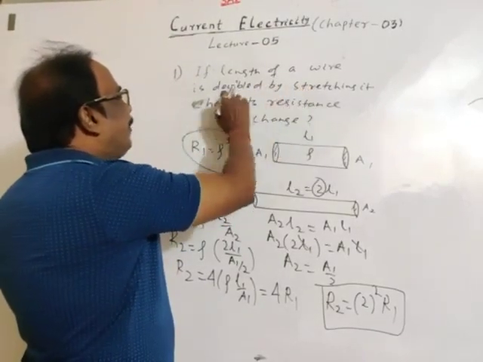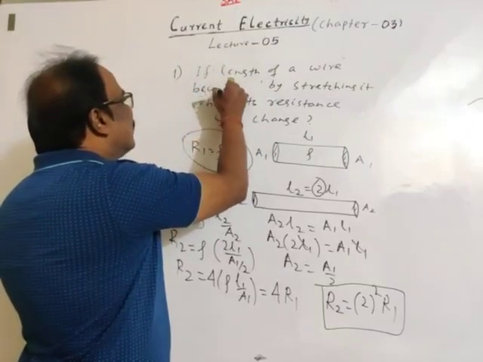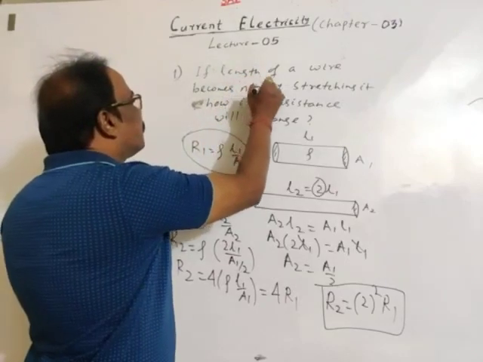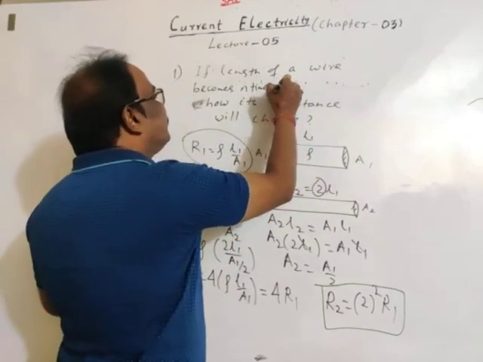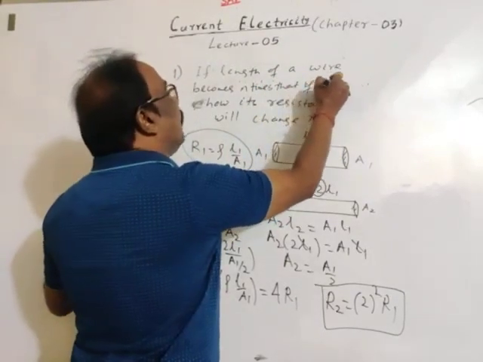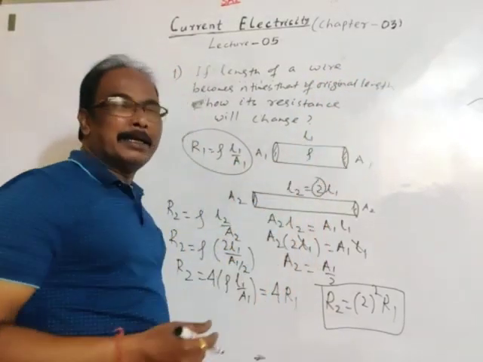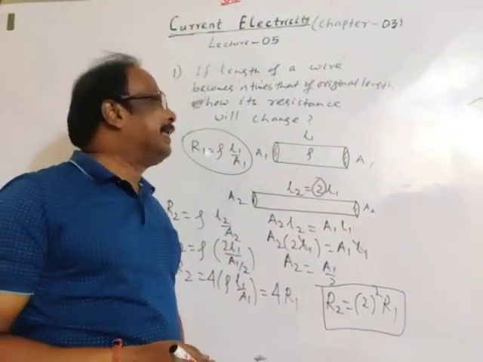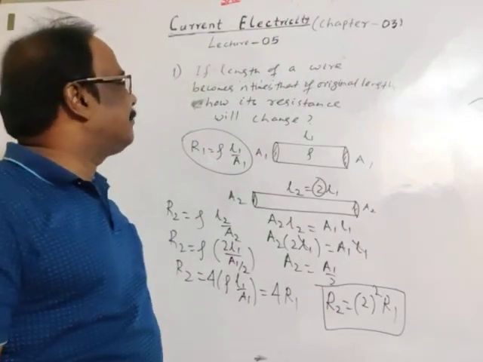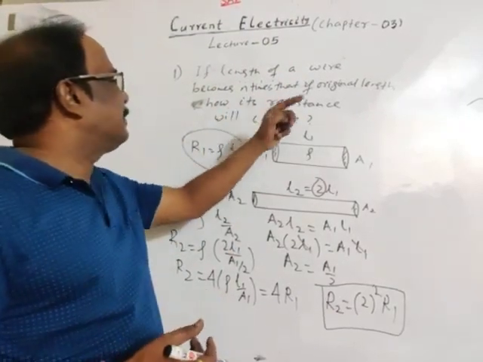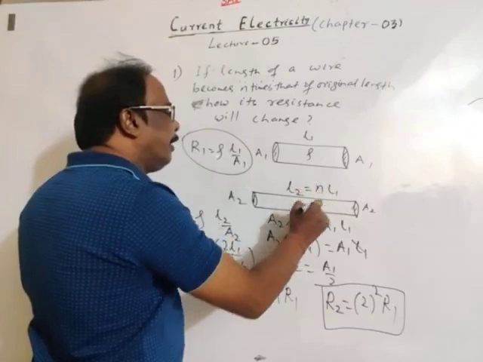The length of a wire becomes n times that of the original length by stretching it. I am not writing it, you just think it. If the length of a wire becomes n times the original length by stretching, how will its resistance change? See, in place of double, we may write n times.